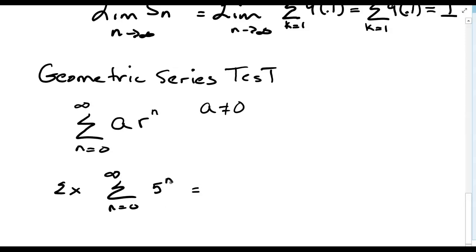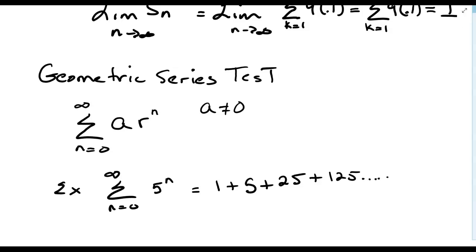It's going to be 5 to the 0, which is 1, plus 5, plus 5 squared, 25, plus 5 cubed, 125, and so on and so on.